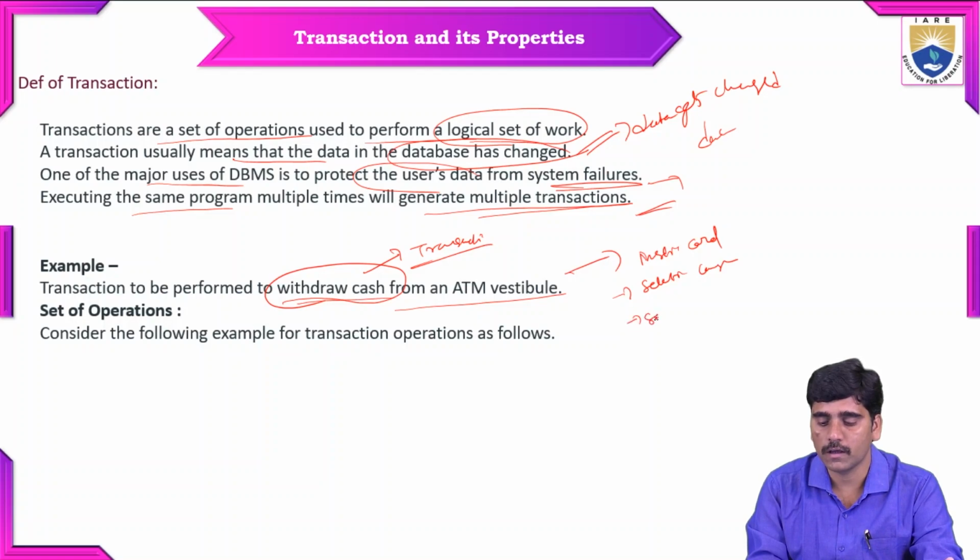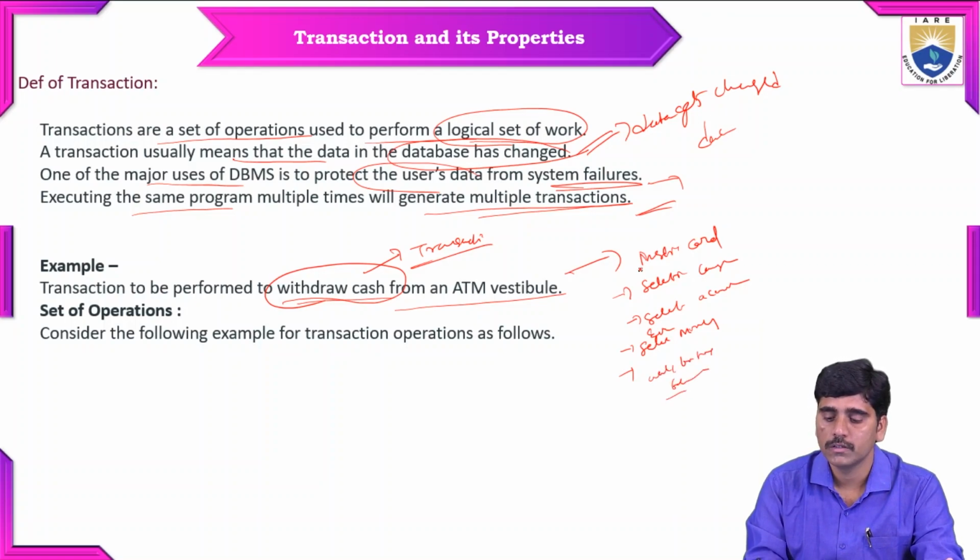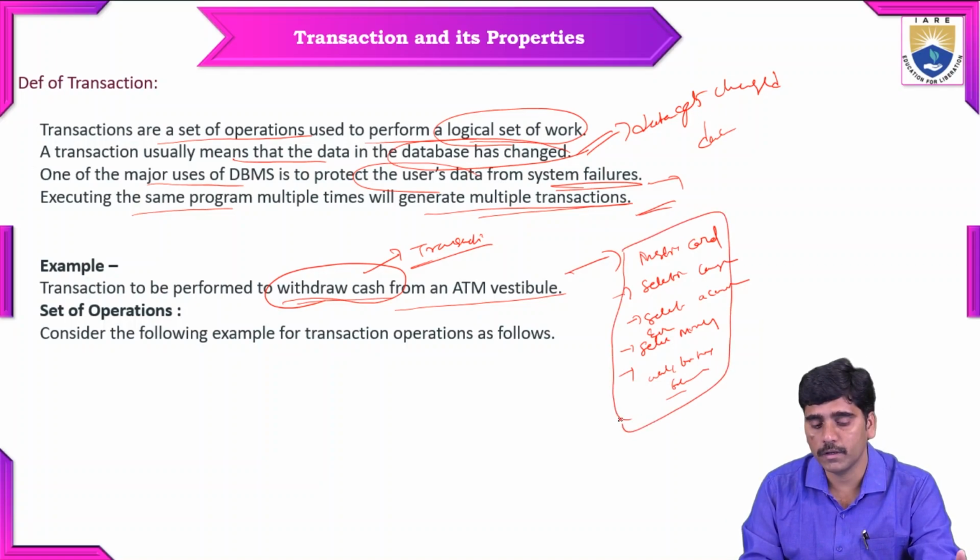The next is select account type, which is one operation. Select money, enter the money, is one operation. After that, wait for the cash and take the card is one. So to withdraw an amount from ATM, we can use these certain operations.